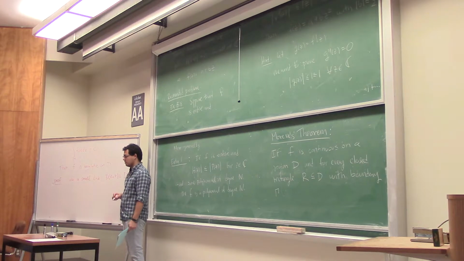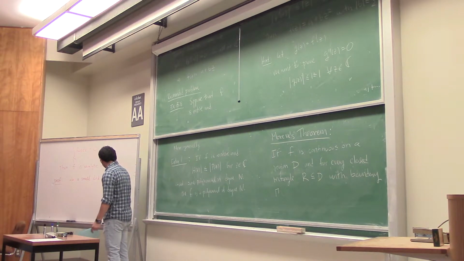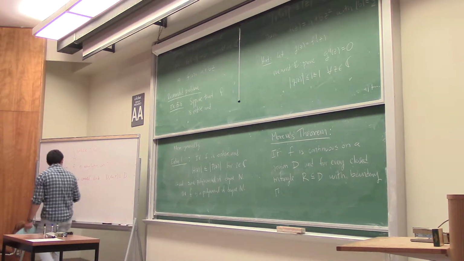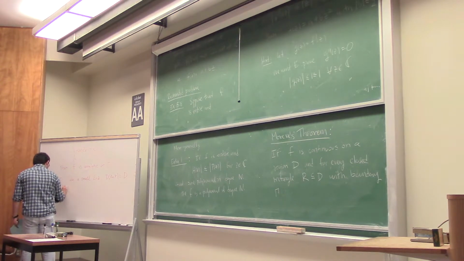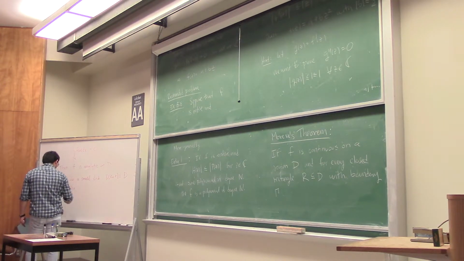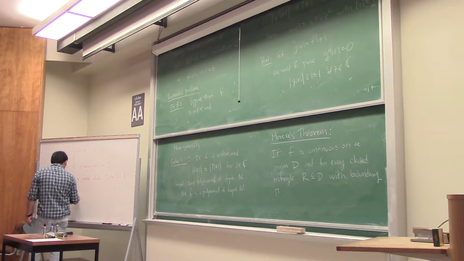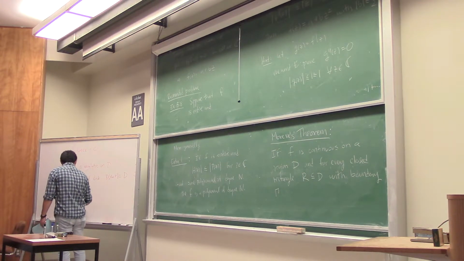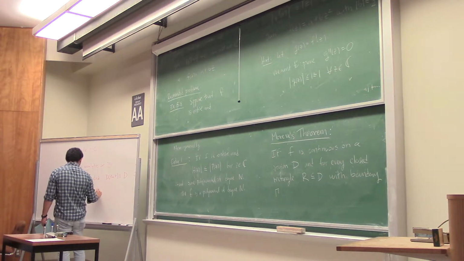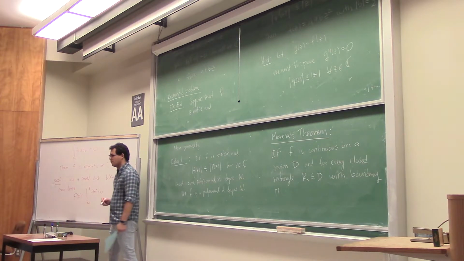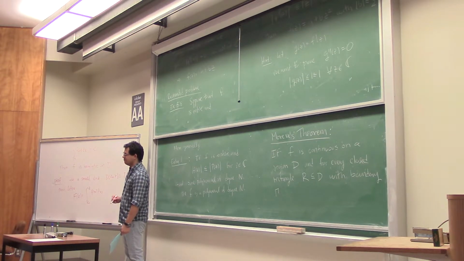So take a small disk inside, centered at z0, radius R. Then define the function capital F of z as the integral from z0 to z of the function f. That is exactly the same as the proof of the integral theorem. That's how we define the antiderivative.